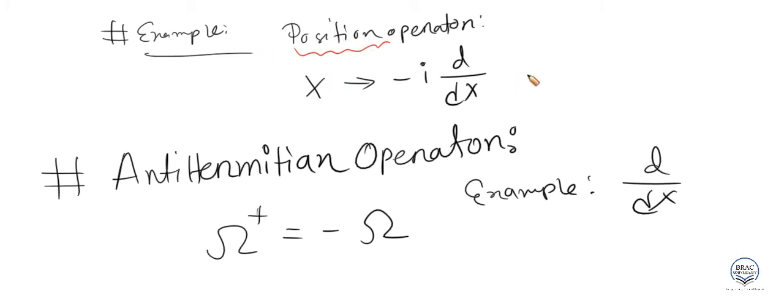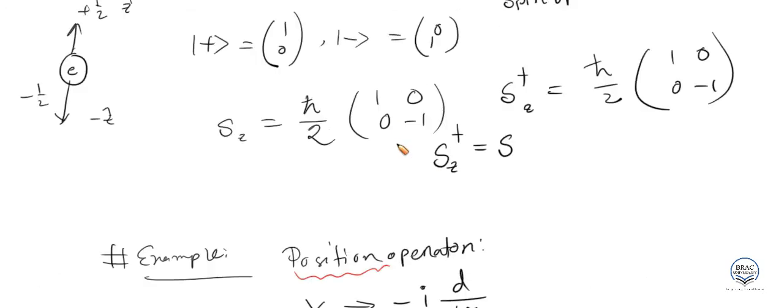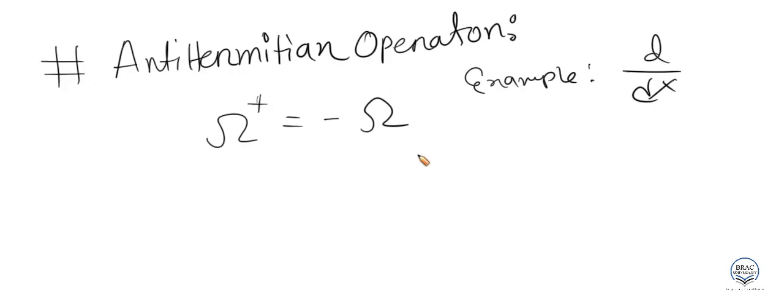So when you take the dagger of it, because of this anti-Hermitian property of the derivative operator, this thing will remain the same, and we'll discuss it more when we talk about the eigenvalue problem, and we'll discuss more about these Hermitian and anti-Hermitian operators when we deal with it. So let's just move on, and now we want to take a look at projection operators.